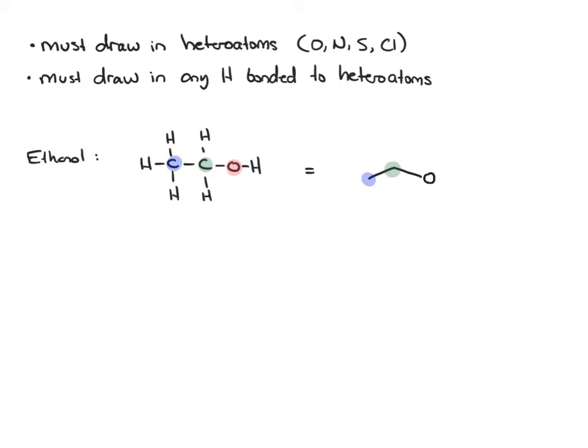And then you need to include the hydrogen. You can draw a bond to it, or you can just write it right next to the oxygen. So it would be totally valid just to write it like this. The oxygen took the place of a carbon, so you can say that there's no carbon here.